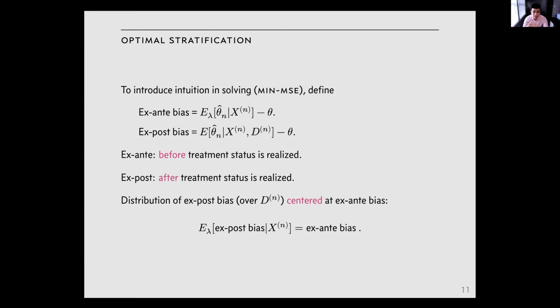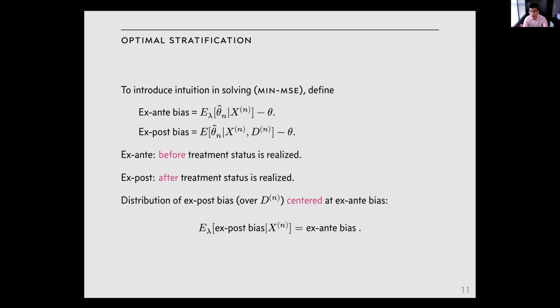For ex-ante bias, I mean the bias of theta hat given X, the observed covariates. But ex-post bias additionally conditions on the realized treatment status, which is denoted by Dn here. So in words, ex-ante bias is before you have assigned treatment status, and ex-post bias is after you have assigned treatment status.